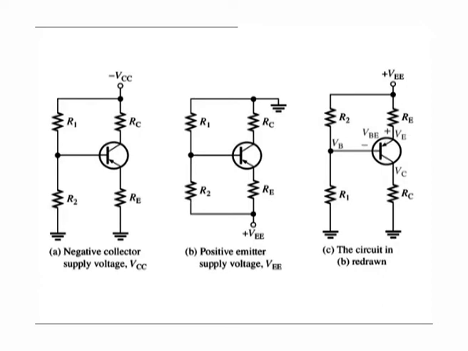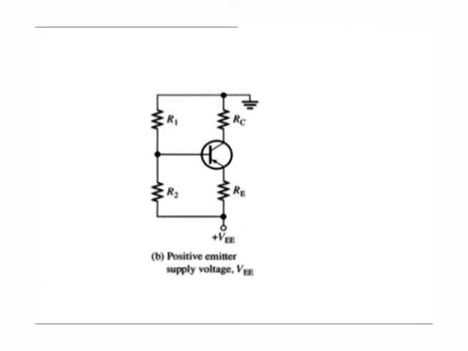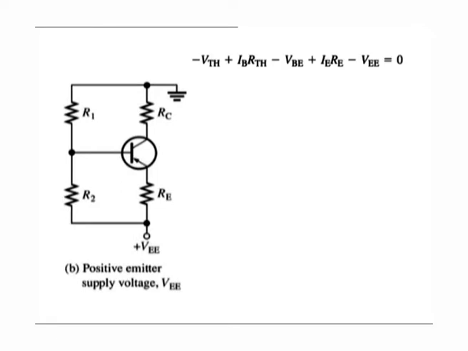For the figure in part B, the analysis is like this: minus Vth plus Ib Rth minus Vbe plus Ie into Re minus Vee is equal to 0. Vth is equal to R1 over R1 plus R2 into Vee.